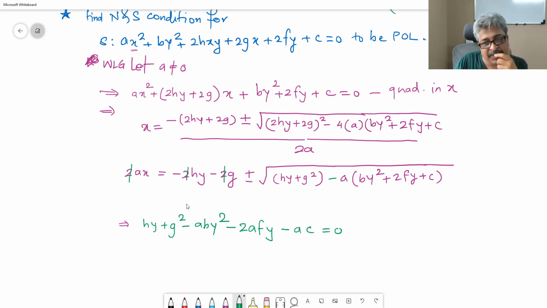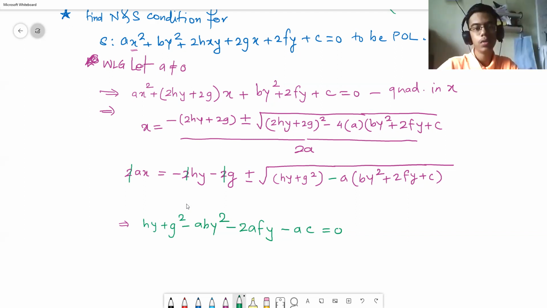And now if it has to be a perfect square, then what will happen? It's a quadratic in y actually. So we will get the square root of that, and then it will be linear in y, and that y will get absorbed somewhere here. Is this correct?